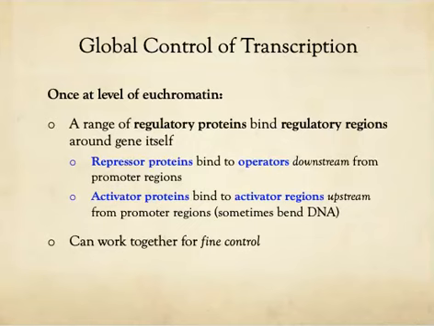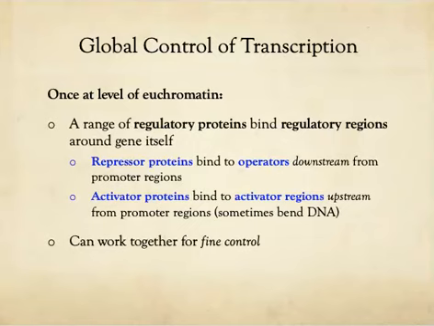So imagine a region of DNA that is in the euchromatin form, so it's available for transcription, but the cell wants to control which genes get transcribed and which genes don't. There are a range of regulatory proteins that are going to do this work. These are proteins that are going to come in and bind to the DNA in the regulatory regions of the genes themselves.